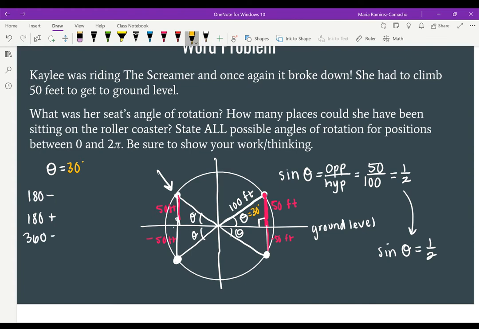So replacing those thetas with 30 degrees, this is just 150 degrees, which is what we see over here. This is 150. 210 degrees, which is what we see over here. 210. And 330 degrees right there.